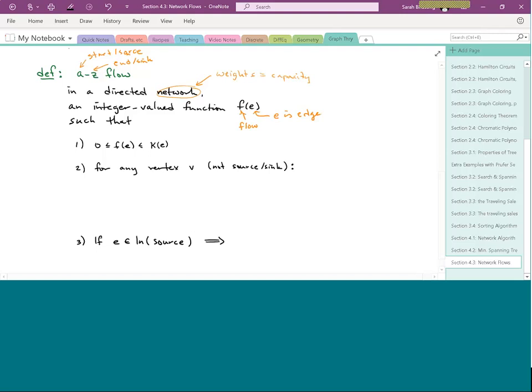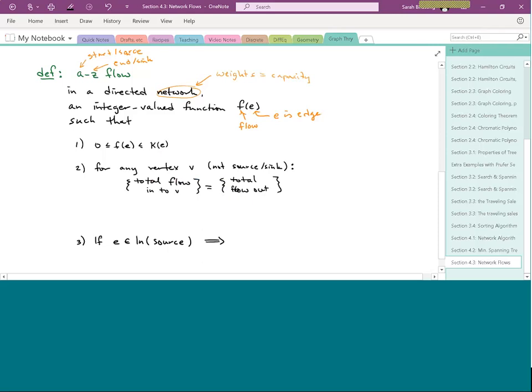No negative flows. It's not a thing. I mean, you could use it to represent that your directed arrow went in the wrong direction, and some people do that. But we're not going to deal with that right now. In terms of if you pick any vertex in your network that is not a source or a sink, you have to have the following property. The total flow that goes into that vertex has to equal the total flow that flows out of the vertex.